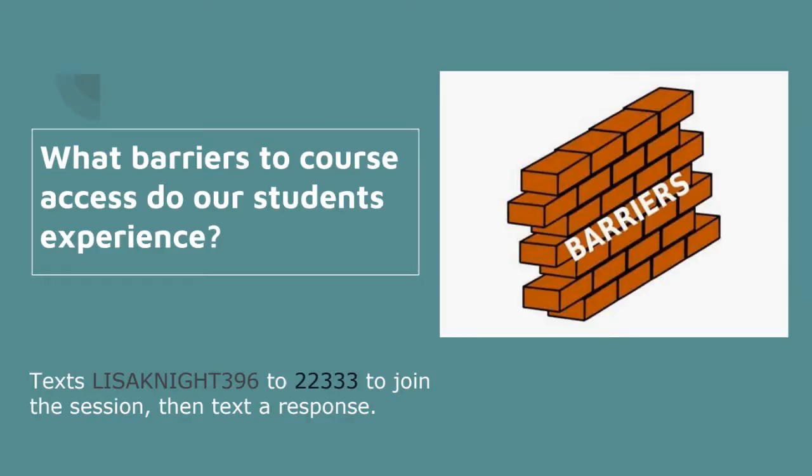we're going to do a little Poll Everywhere, and we're going to try to do this with your cell phones. And so what you want to do is text Lisa Knight 396 to the number 22333.